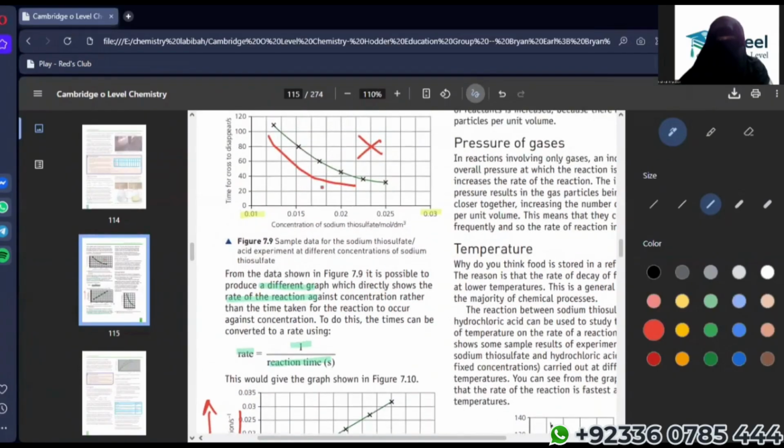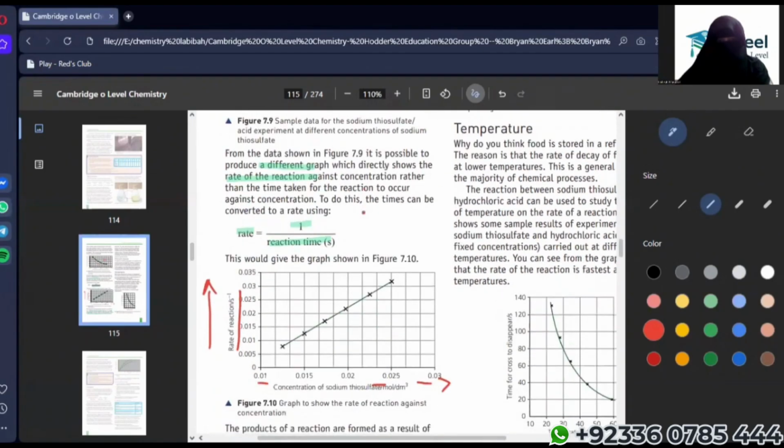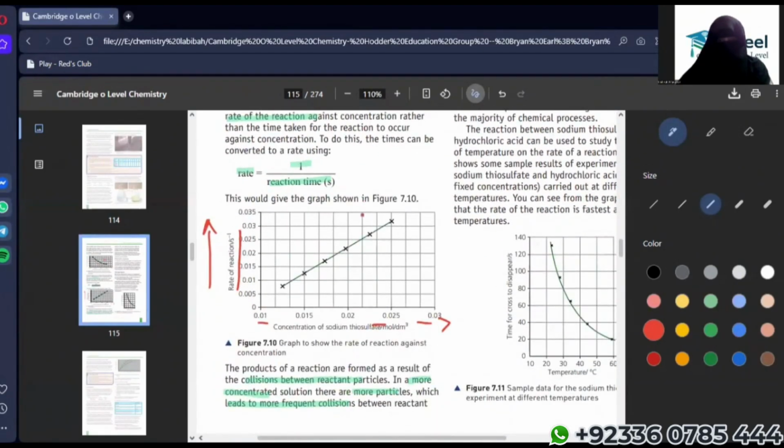However, for this type of graph, the time taken for the cross to disappear is inversely proportional to concentration. That means increase in concentration decreases the time for the cross to disappear. And hence, the rate of reaction increases if you increase the concentration. Why is that? Because the products of the reaction that is being formed is due to the result of collision between reactant particles.